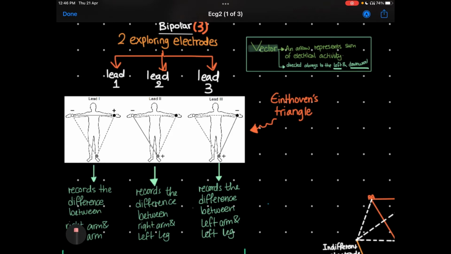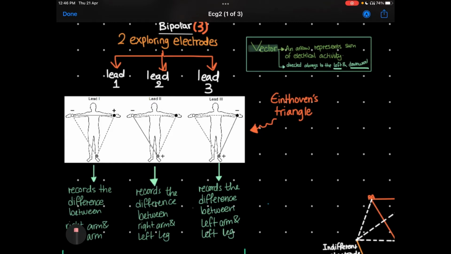How is that possible? We know that we have three electrodes, and the summation of these electrodes must be zero. So there are going to be two positive and one negative pole, and the summation of these is going to be zero.